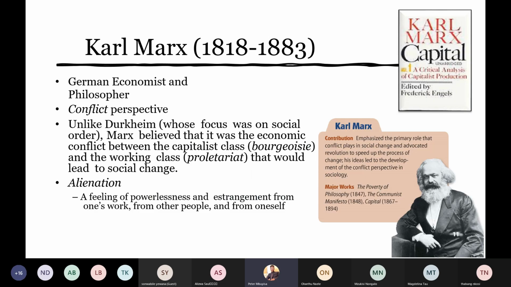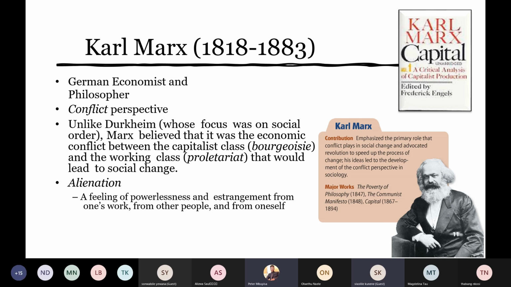And the next guy we think about is Karl Marx. Commonly, his work and theories are known as Marxism. So he came up with a lot of theoretical perspectives on that. He was a German economist and philosopher, and being an economist and philosopher made him come up with the conflict theory perspective.